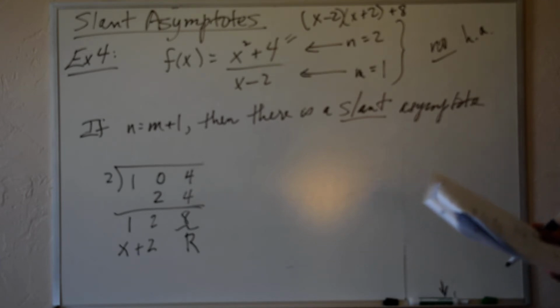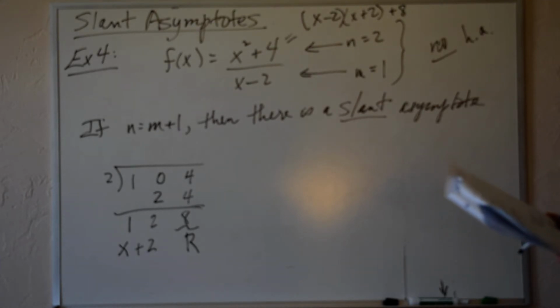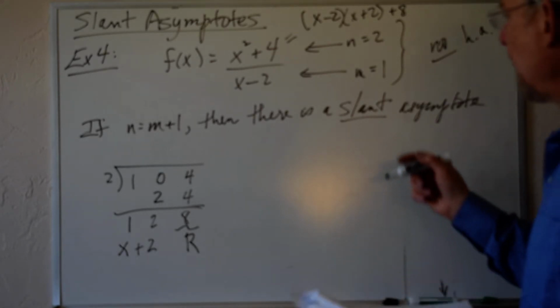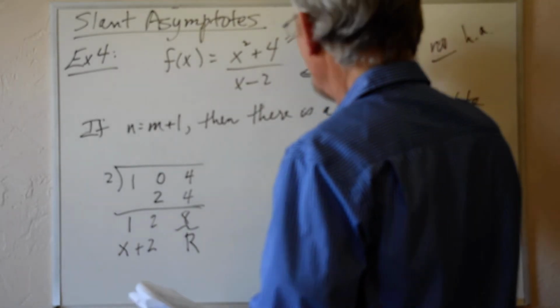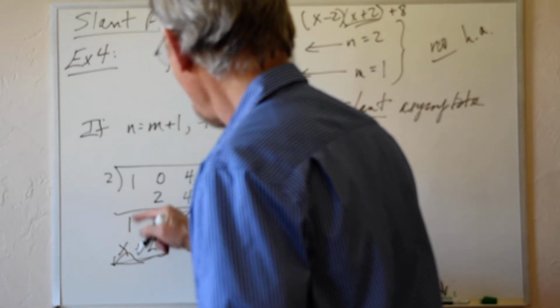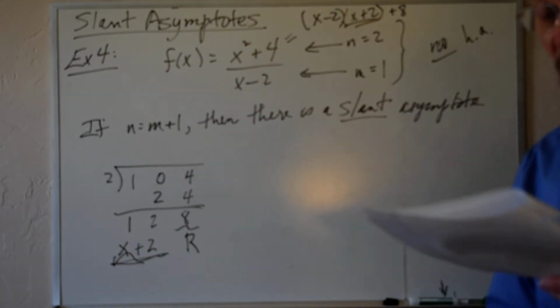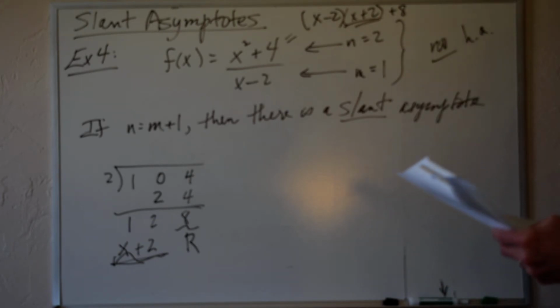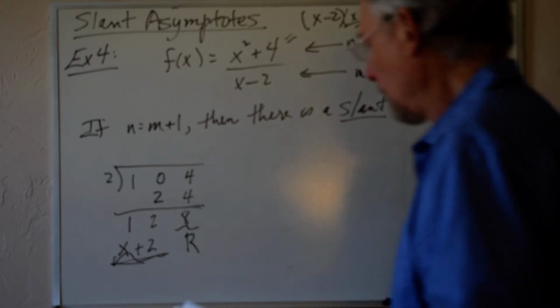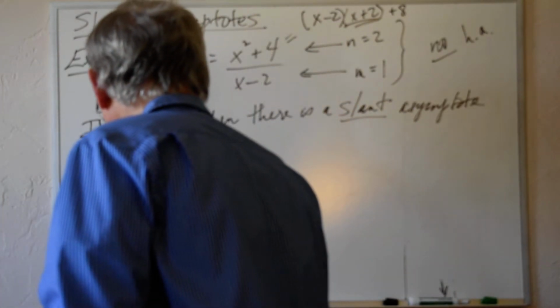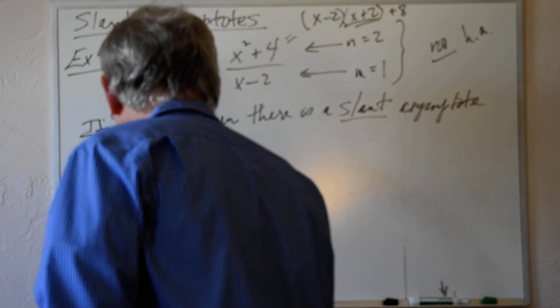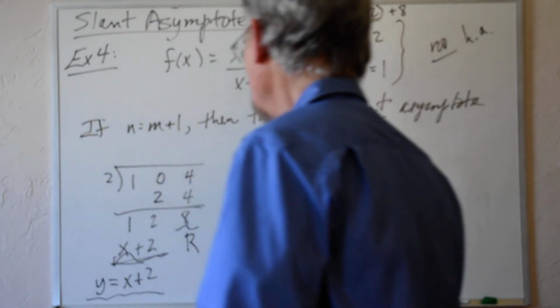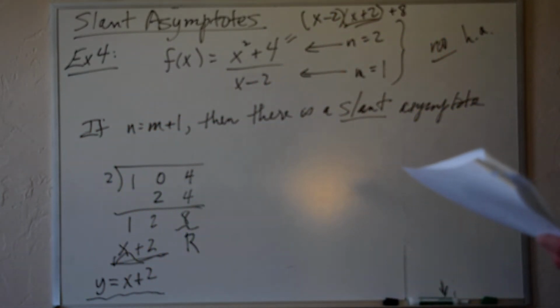So the numerator can be rewritten in that way. And it is this quotient that we arrived at in the synthetic division which is our slant asymptote. In other words, y equals x plus 2 is the slant asymptote.